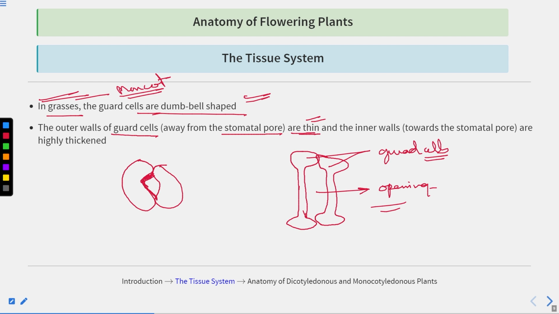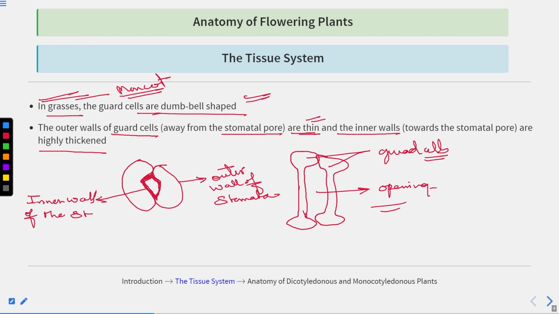So the outer walls are thin and the inner walls are highly thickened. This is the outer wall of the stomata, and this is the inner wall of the stomata, right?